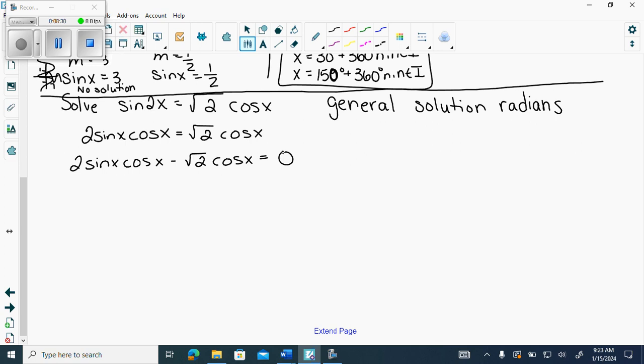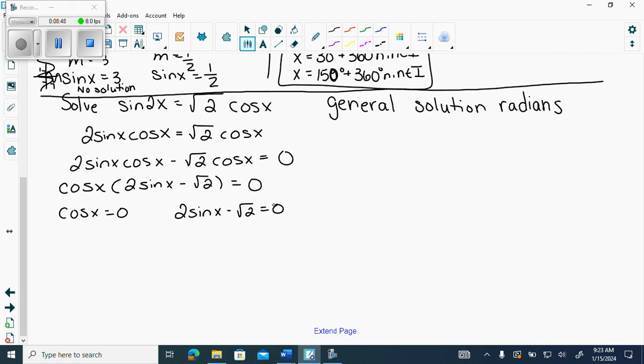Or if you can see that both of these have a cos x involved, I can GCF out a cos x, and I'm left with 2 sine x minus root 2 equals 0. And then I get cos x equals 0, or 2 sine x minus root 2 equals 0, so 2 sine x equals root 2, sine x equals root 2 over 2.